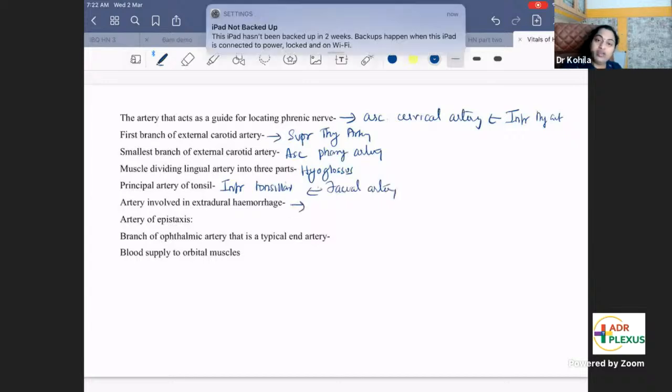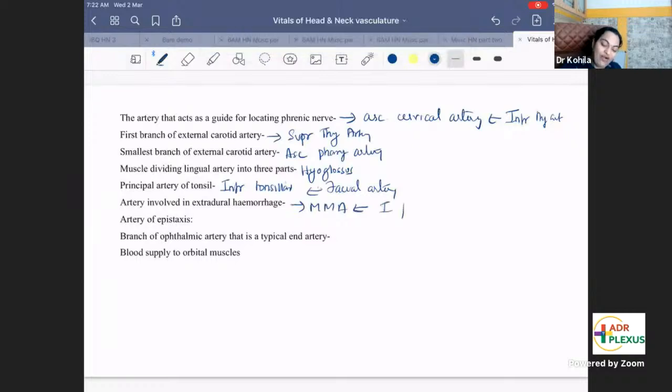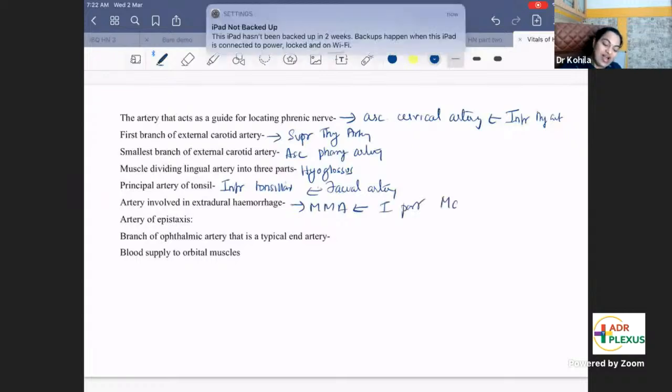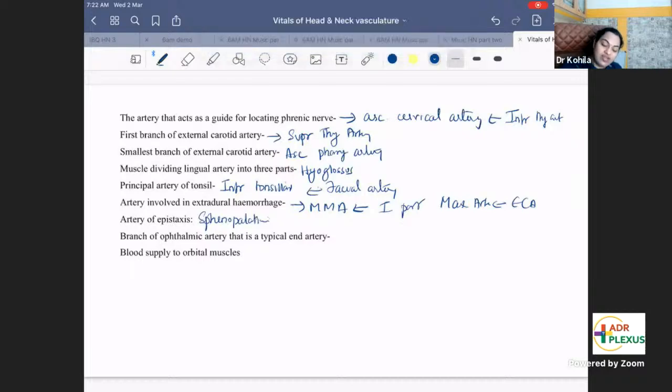Artery involved in extradural hemorrhage, middle meningeal artery coming from first part of maxillary artery. That's coming from external carotid artery. Artery of epistaxis, sphenopalatine artery.